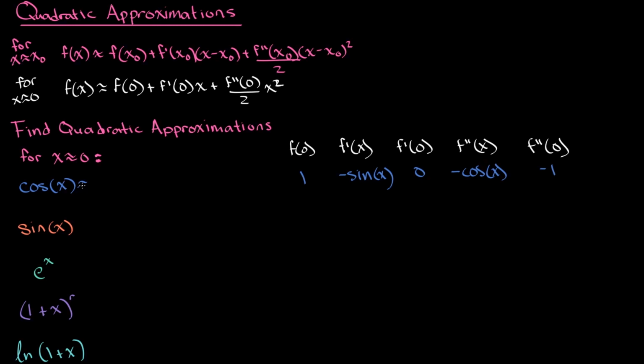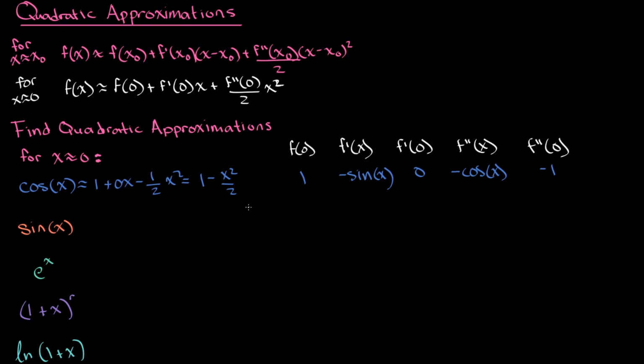So filling this in, using this formula up here, we have that cosine of x is going to be approximately 1 plus 0x minus 1 over 2 times x squared. Cleaning this up, we have 1 minus x squared over 2. That's what we found in the last video, so we're off to a good start.